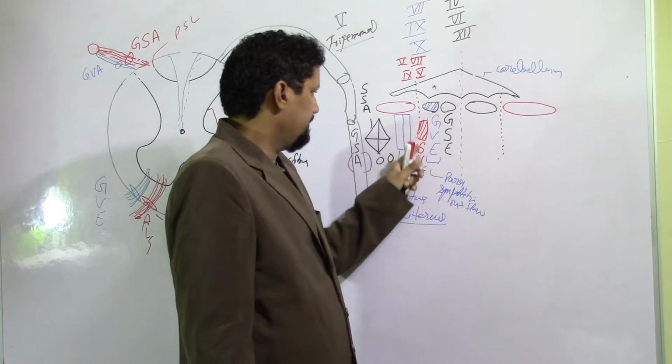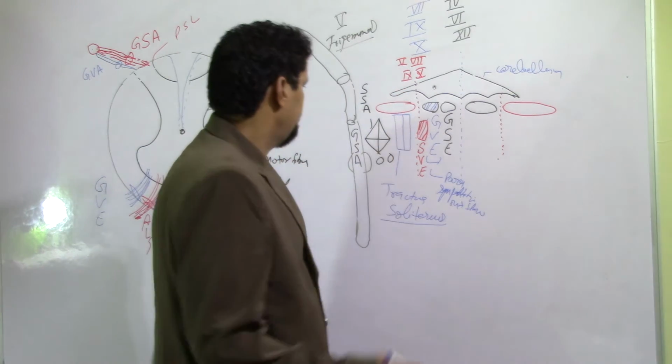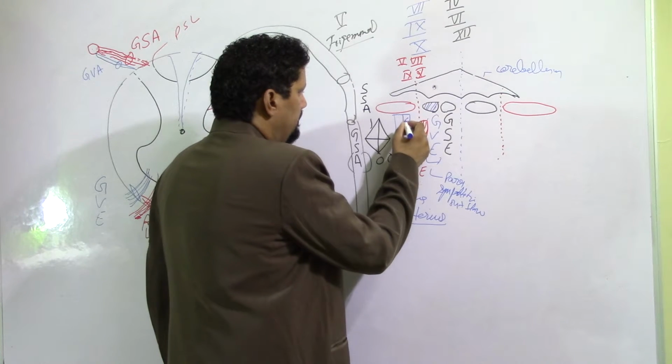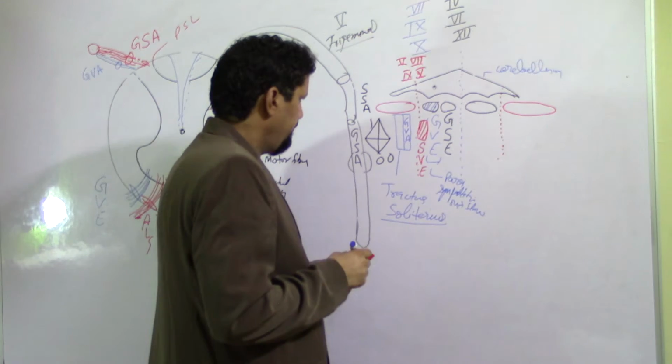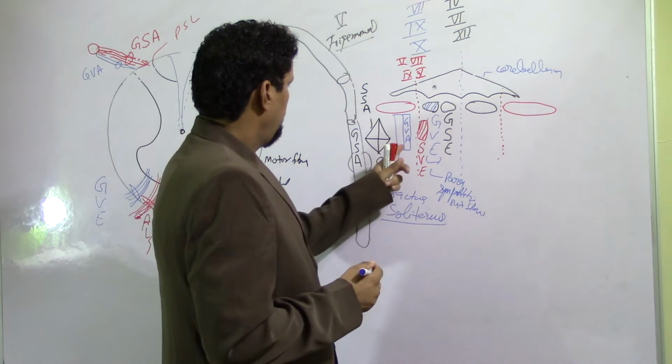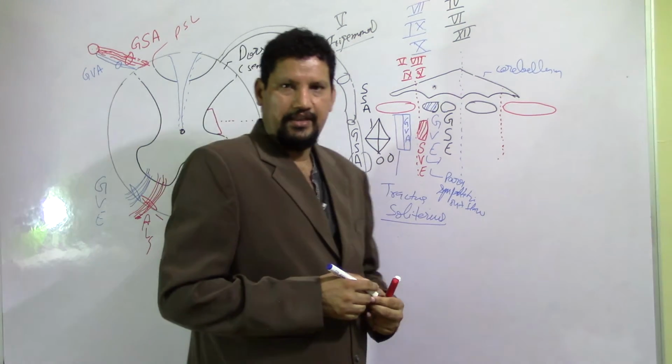The part near the sulcus limitans is general visceral afferent, receiving the afferent from the viscera.